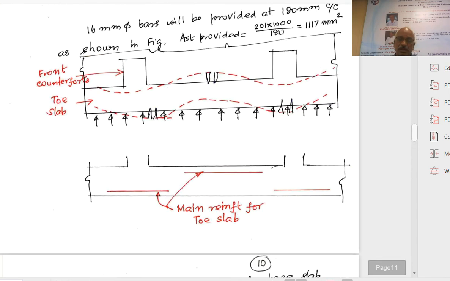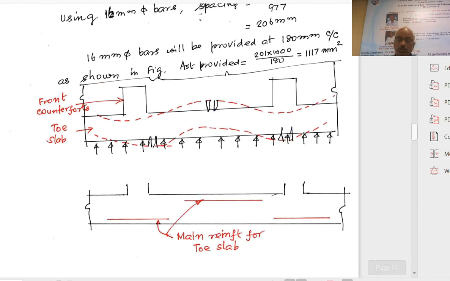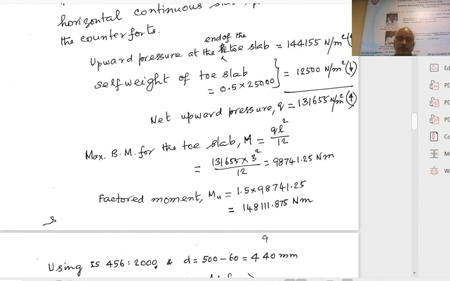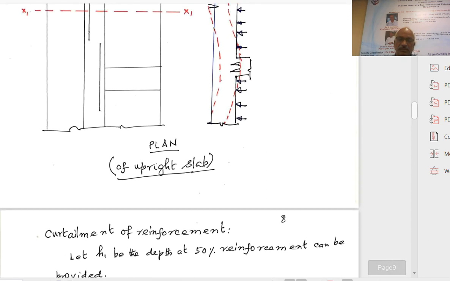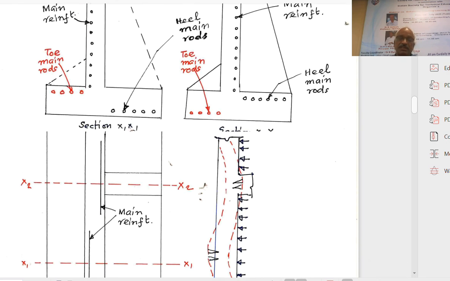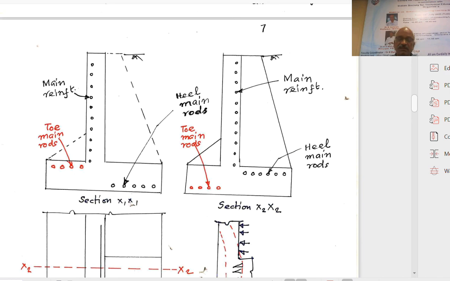Yes, this is for the toe slab. This is for the upright slab. This is the cross section. In the cross section, we have shown only the main reinforcement and its location. Then distributors we have to draw. So if we assemble all these, understanding any full drawing will not be difficult.